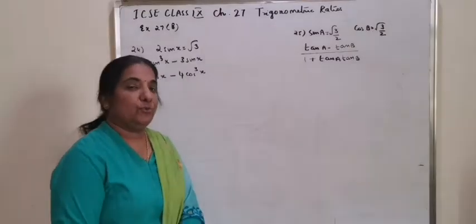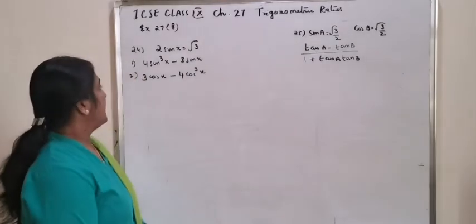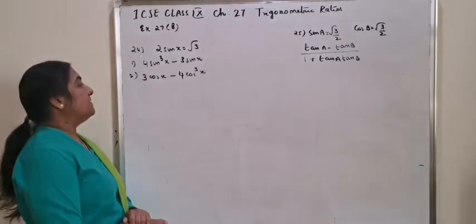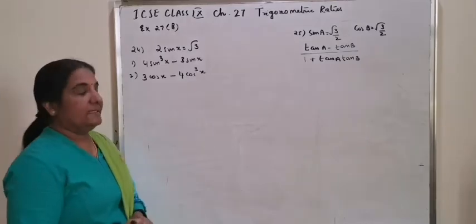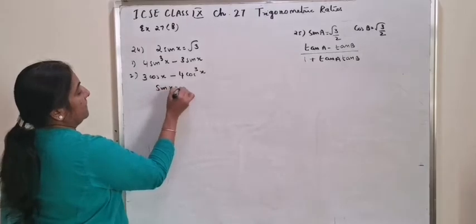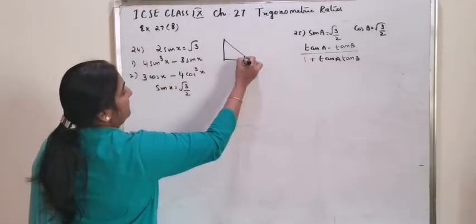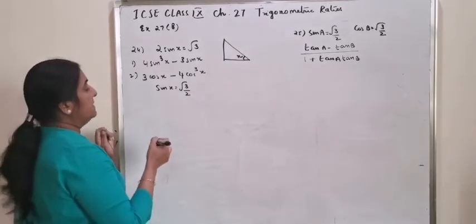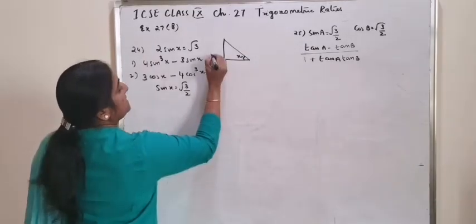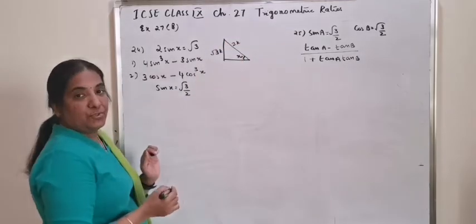Question number 24. 2 sin x is equal to root 3. Evaluate 4 sin cubed x minus 3 sin x, and 3 cos x minus 4 cos cubed x. Sin x is equal to root 3 by 2. We will prepare a triangle. Take it as x here. Sin x is equal to root 3 by 2 means the opposite side is root 3k and the hypotenuse is 2k.